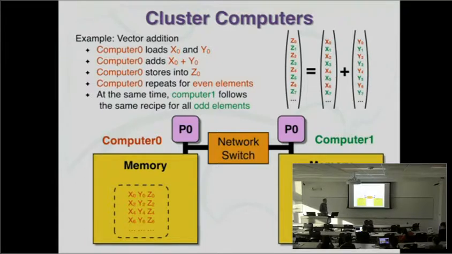By doing that, x0, y0, and z0 are all in the same place. So that computation can be handled by computer 0 without any need for communications at all. So basically, computer 0 is doing half the computations, and computer 1 is doing the other half.